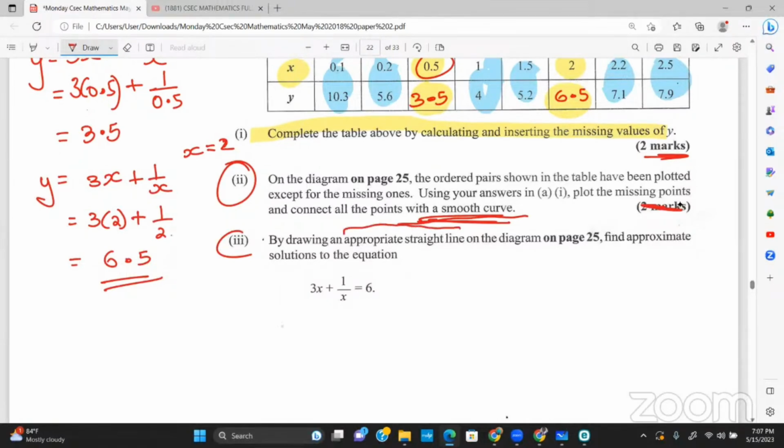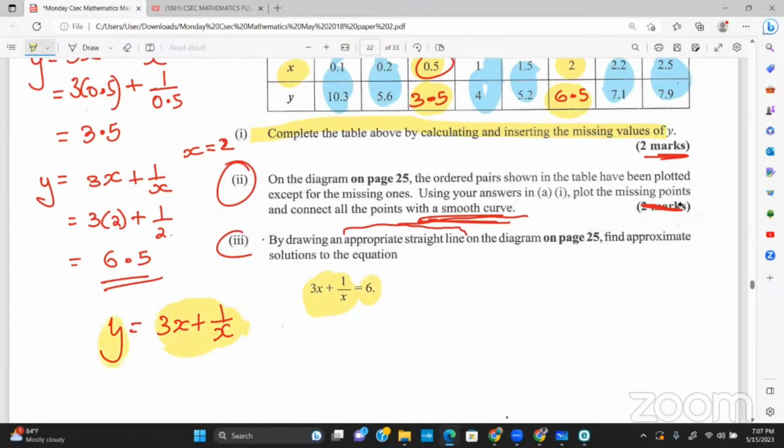Very important. On the diagram, find approximate solutions to 3x plus 1 over x equals 6. Remember, y was equal to 3x plus 1 over x. You do notice that this is the same thing, except the 6 took the place of the y.